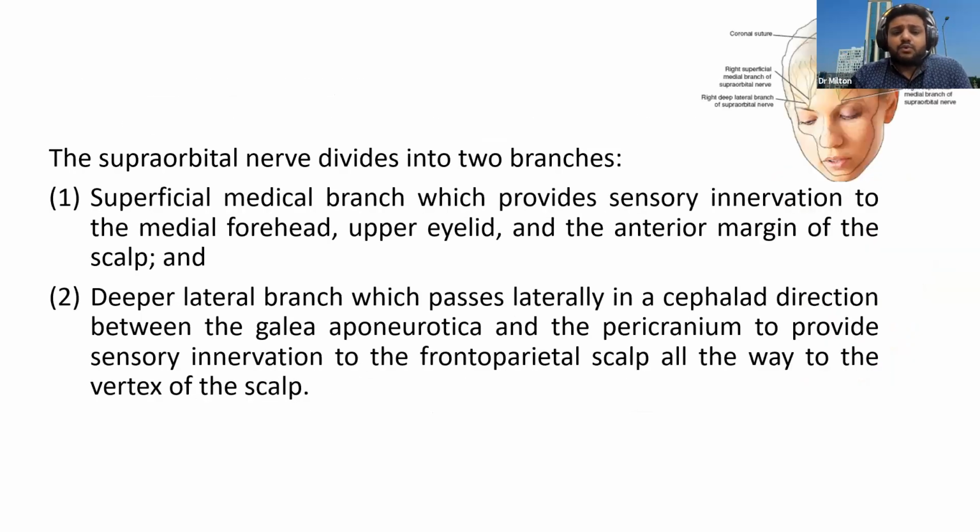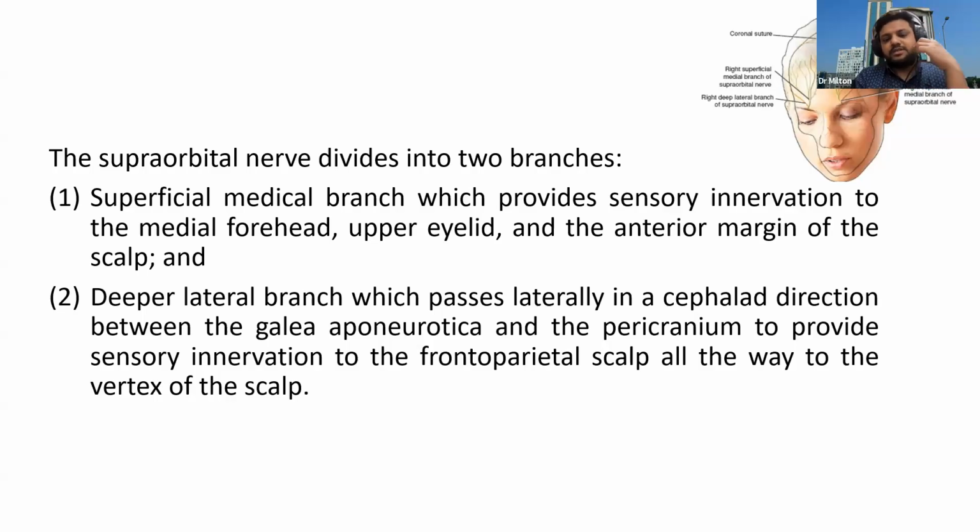Now, the supraorbital nerve is mainly divided into two parts: number one is the superficial, and number two is the deeper part. The superficial branch supplies sensory innervation to the medial forehead, upper eyelid, and anterior margin of the scalp.